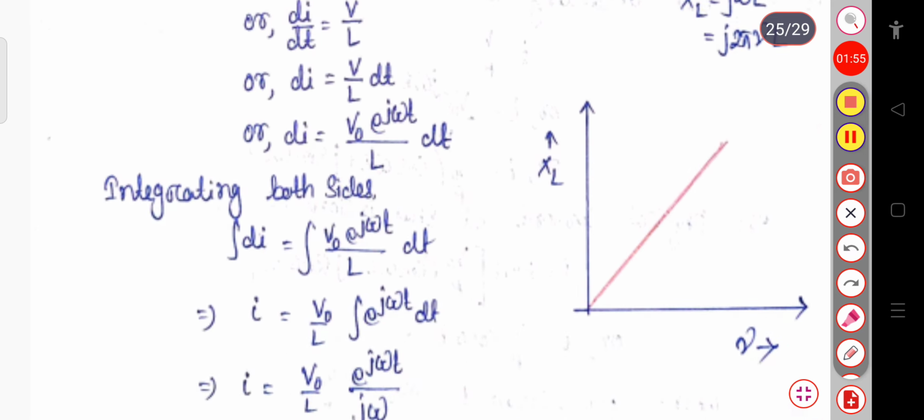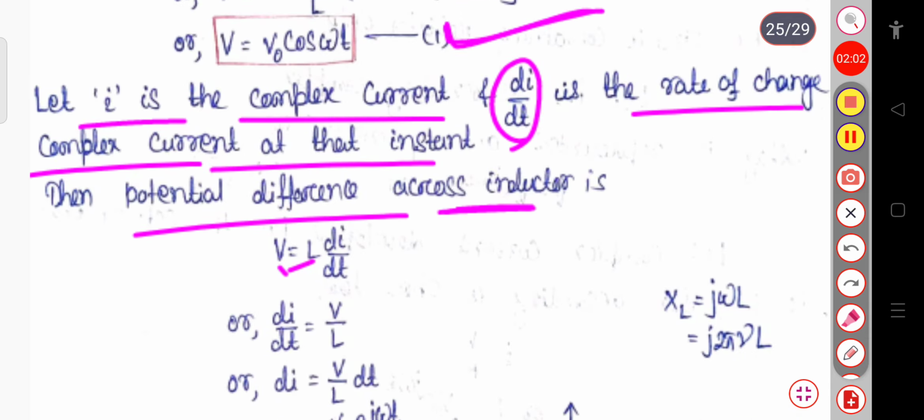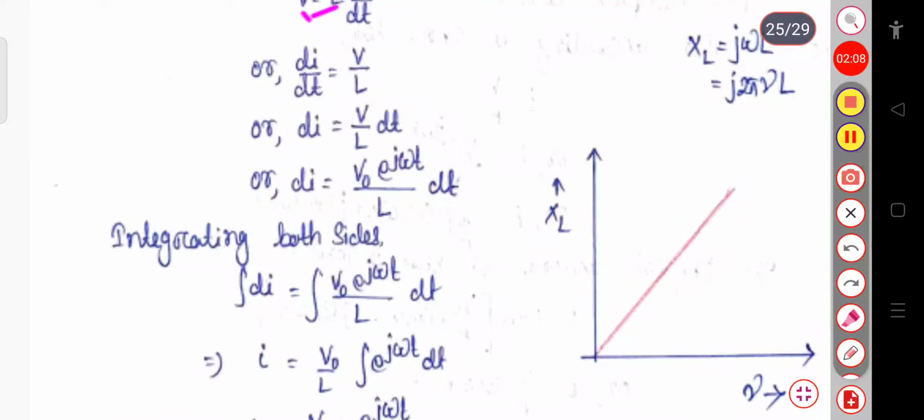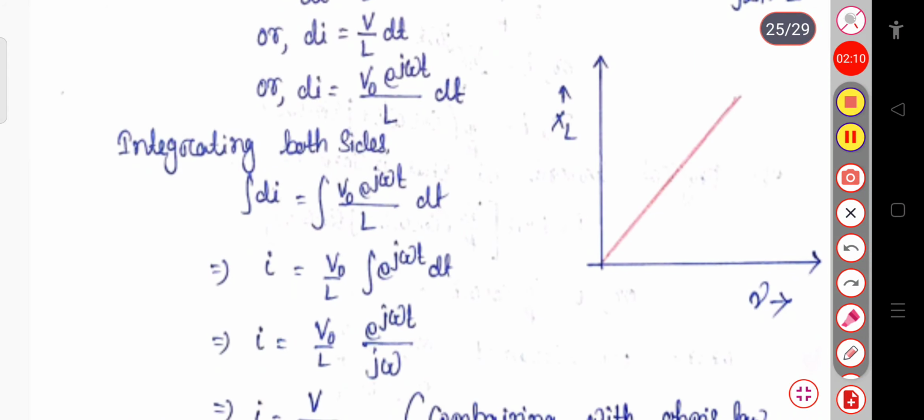Again, if I put the value of V, that is equal to V naught into exponential j omega t, here you can see V equal to V naught exponential j omega t. So here this di will be equal to V naught exponential j omega t divided by L into dt.